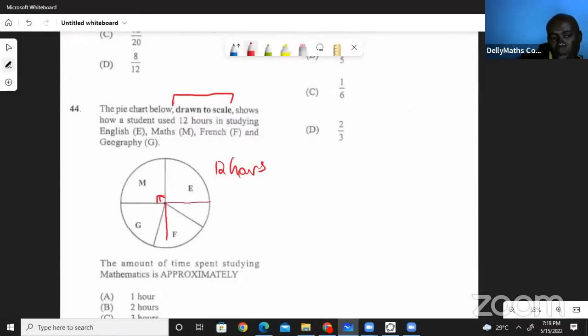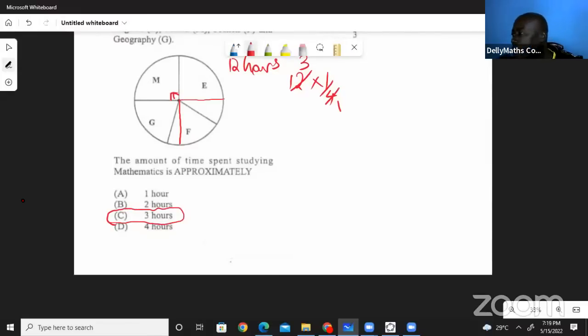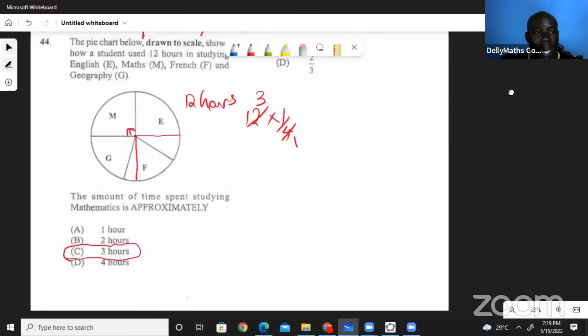So you want to take a quarter of your 12, and then 4 into 12 is 3 times. So I'm looking for a 3 for my answer to be exact. And definitely the 3 was there and waiting. All right, very good. I hope that's fine. I hope you're seeing those answers.